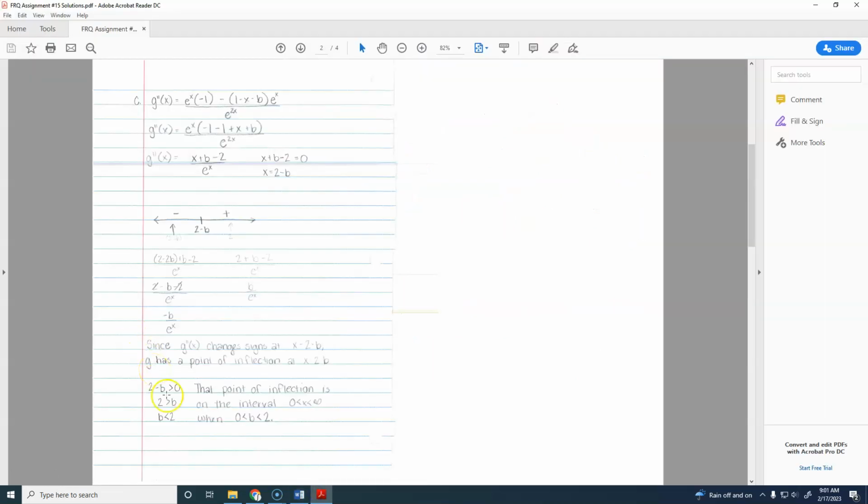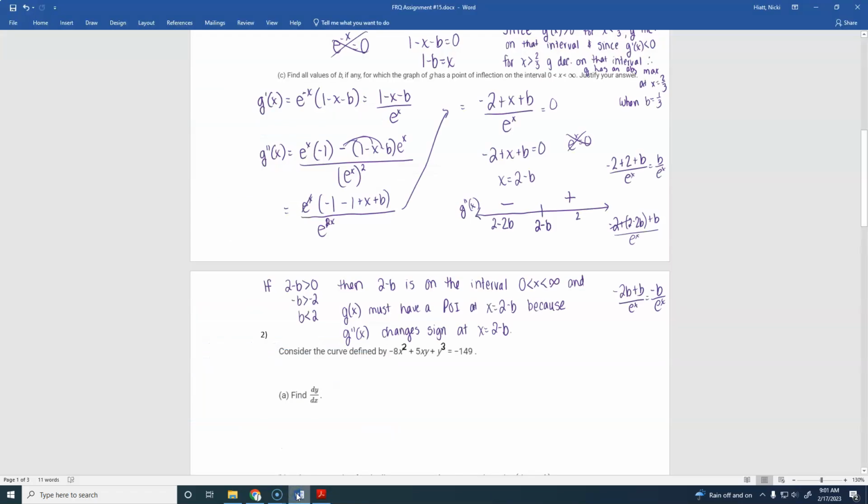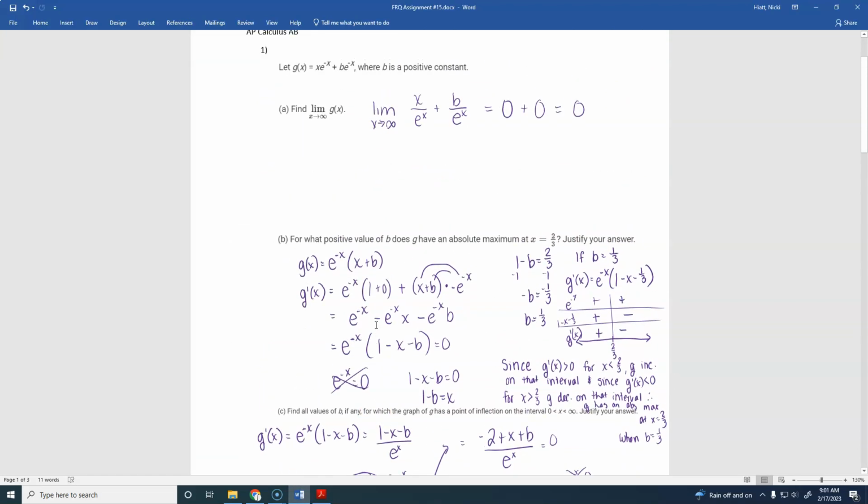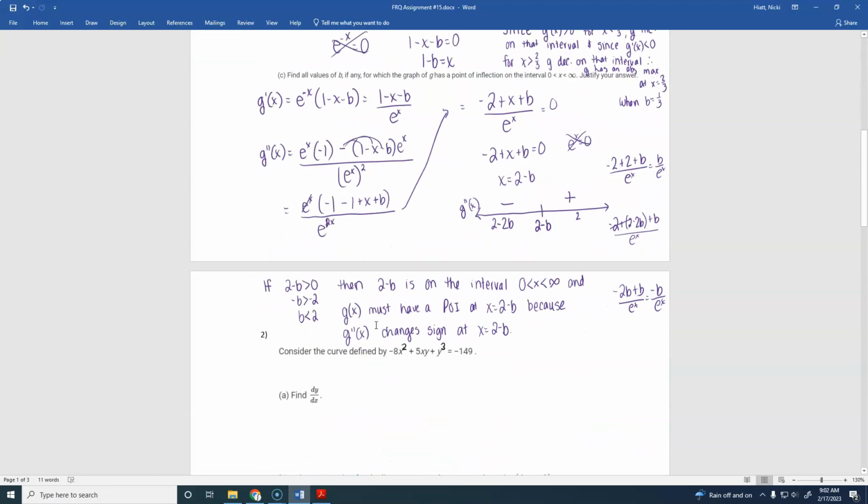Do you not have to state an interval that b has to be on, like from 0 to 2? We probably should. They tell us b is positive. So you might could get away with this because we're saying b is less than 2, but the constraints of the problem also tell us b has to be positive, so it can't be any less than 0.